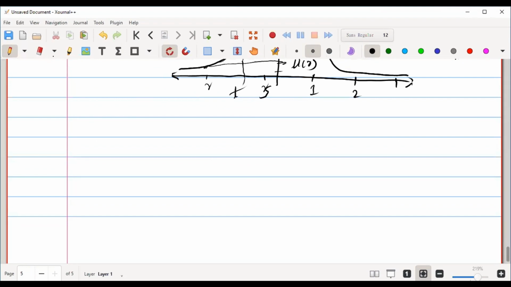And I take another example of fuzzy number: mu a of x is equal to 1 divided by 1 plus x square, whole square. If I put x is equal to 0, it is again 1.